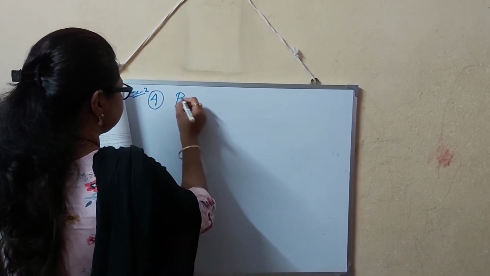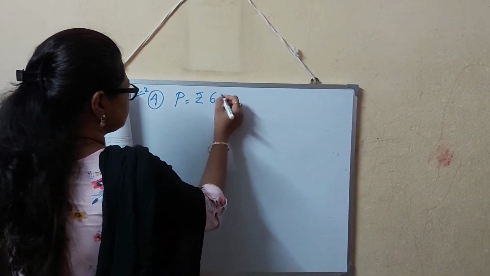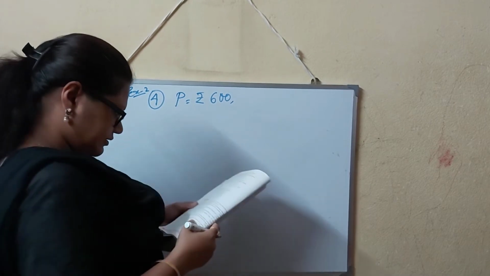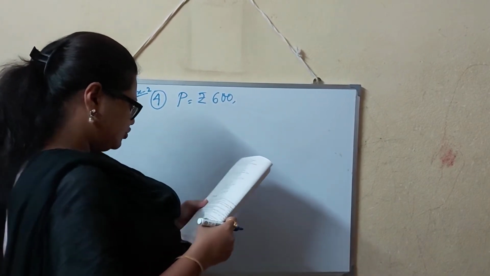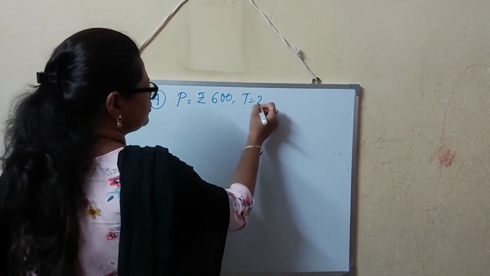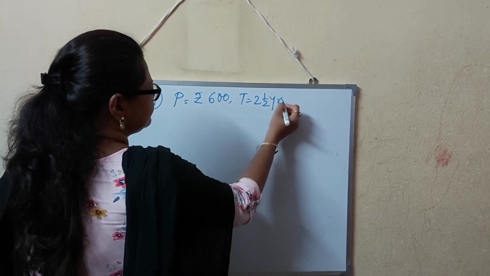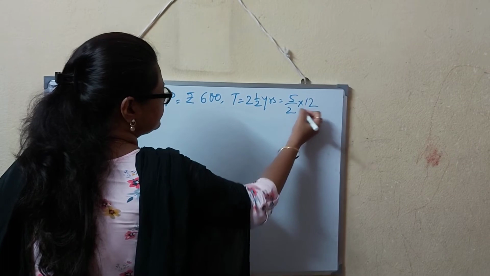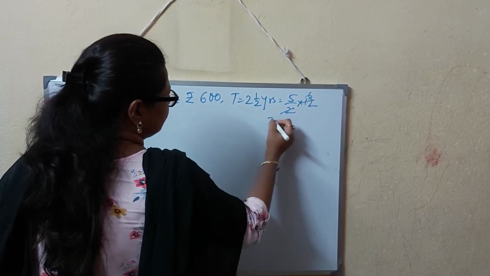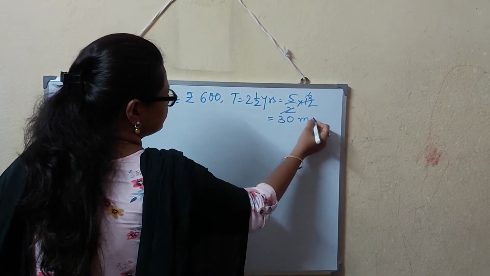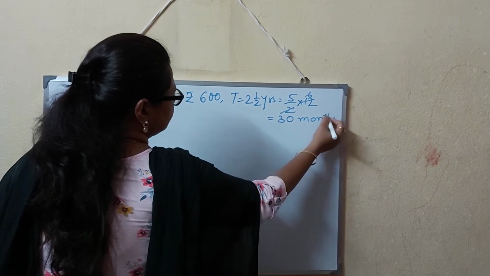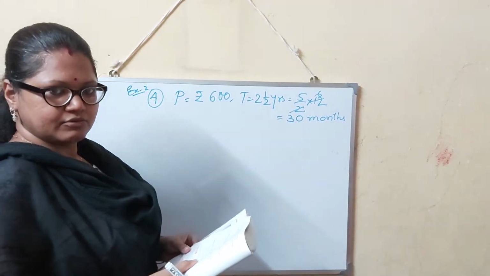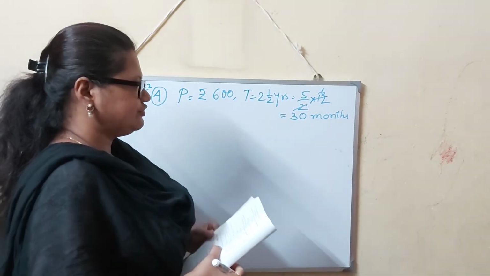That means principal here is rupees 600, for 2.5 years. Time is 2.5 years. This gets converted into 5 by 2 into 12. We have to convert it into months, that means 30 months. 1 year has 12 months, so we need to convert it with respect to 12 months.